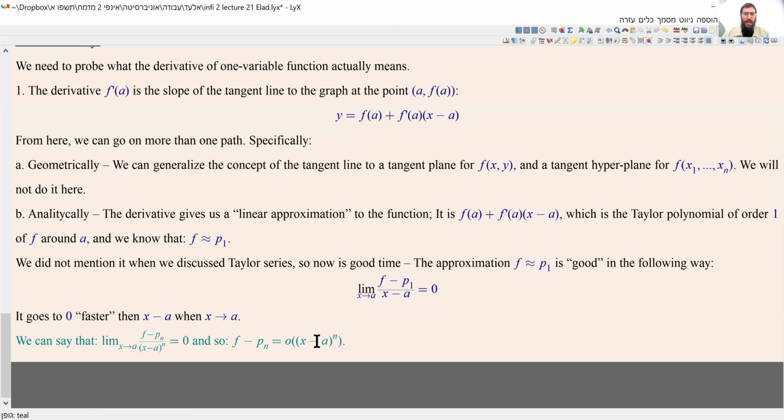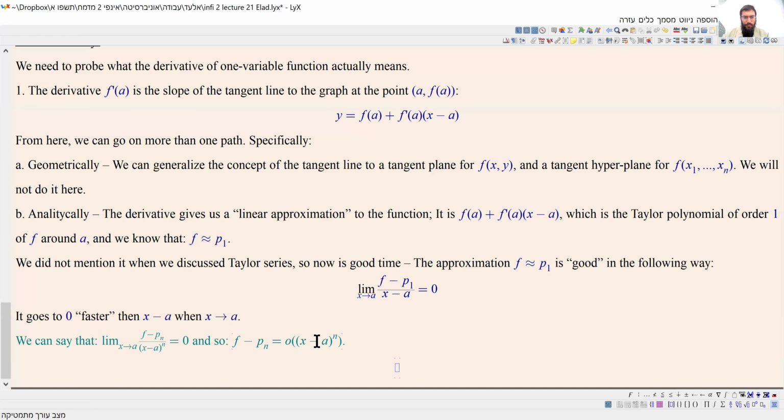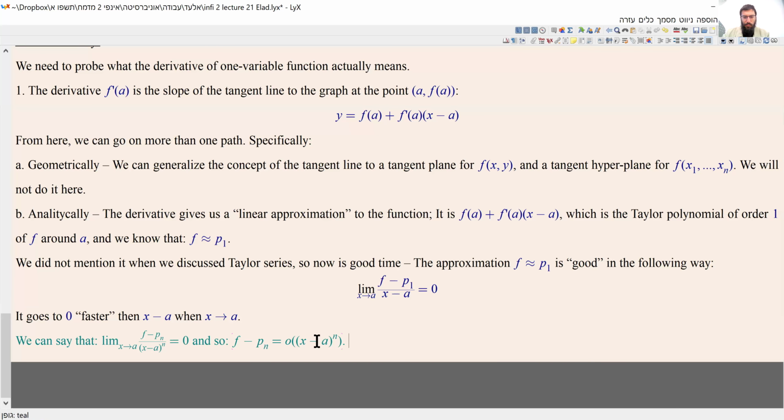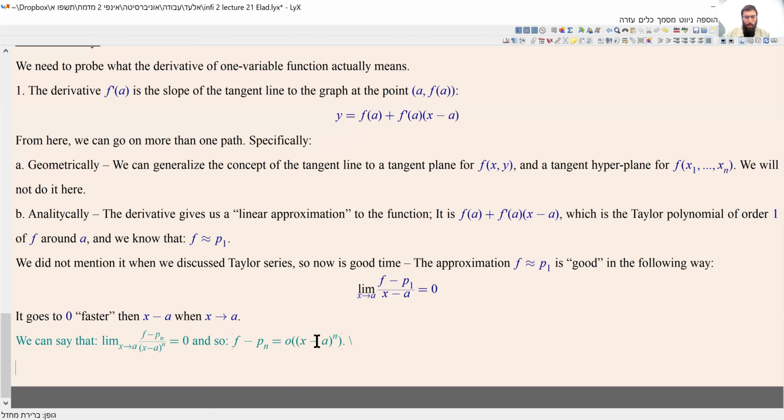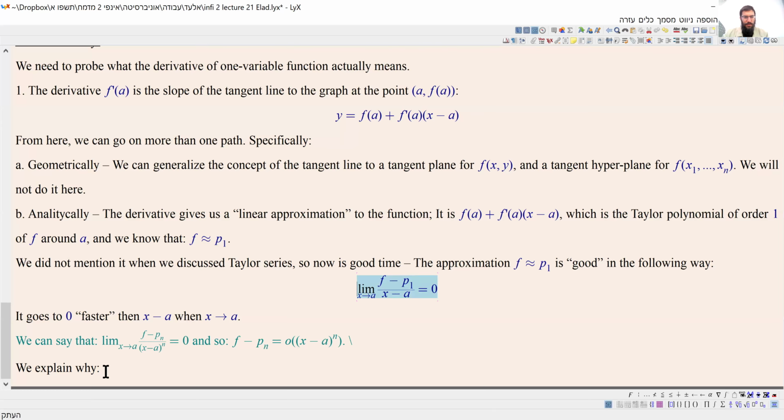Moreover, we can explain why this limit is actually 0.